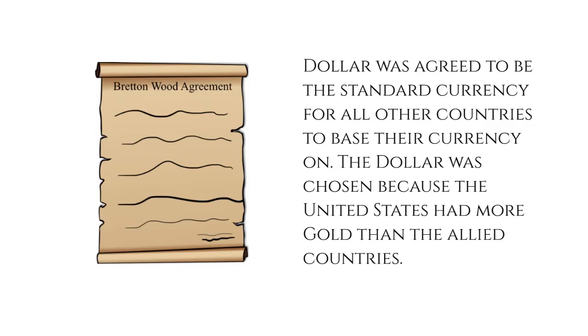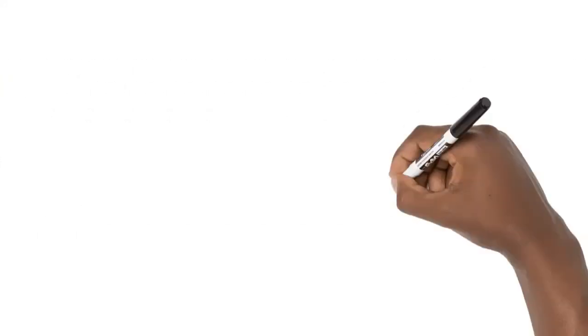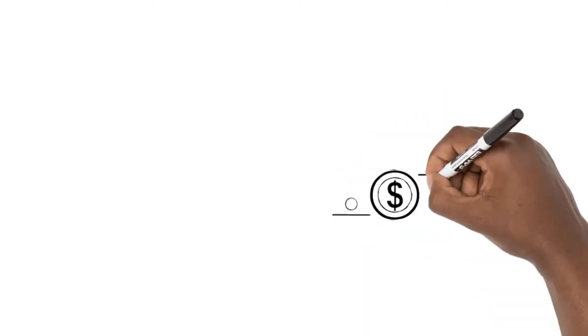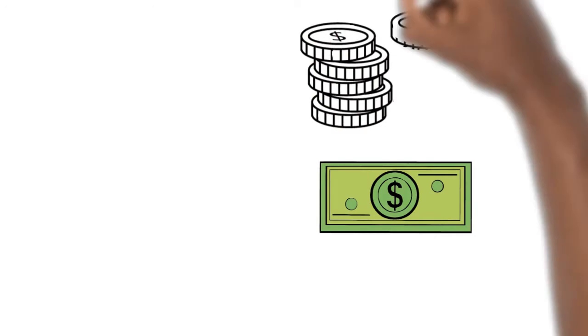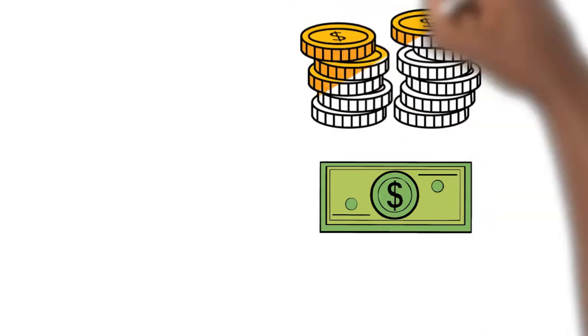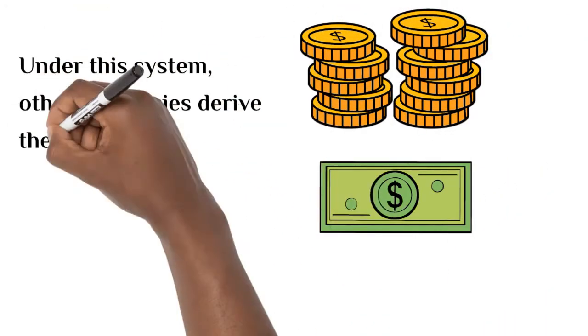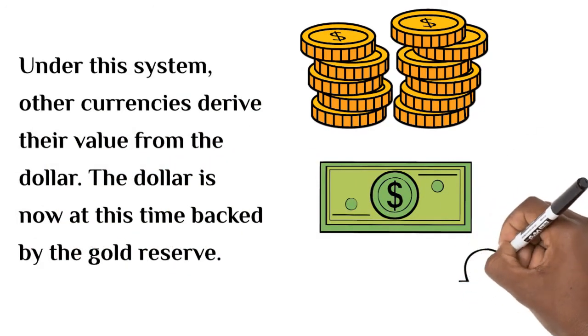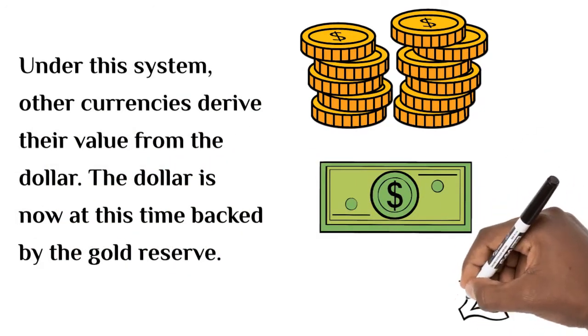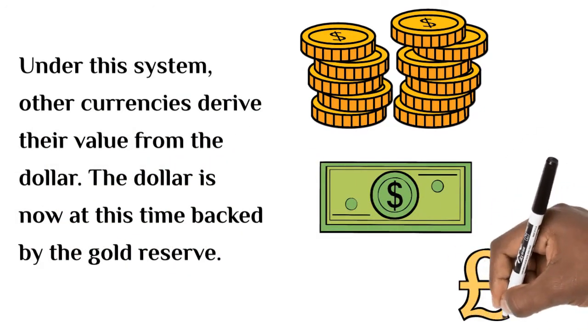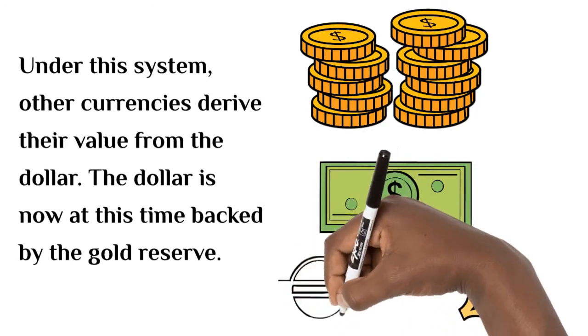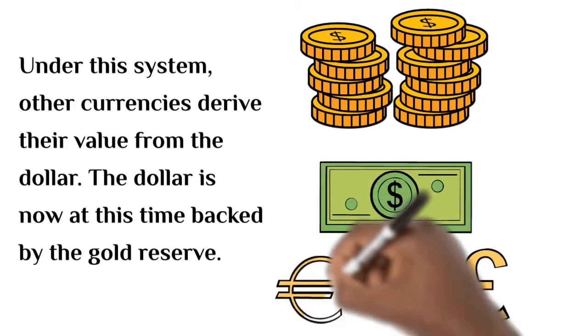That was one of the biggest deciding factors in why the dollar was used as the currency of the world. Along with these other changes, countries gained the ability to devalue their currency if necessary. It was agreed by consensus among all the nations that they were allowed to depreciate their currency up to 10%.